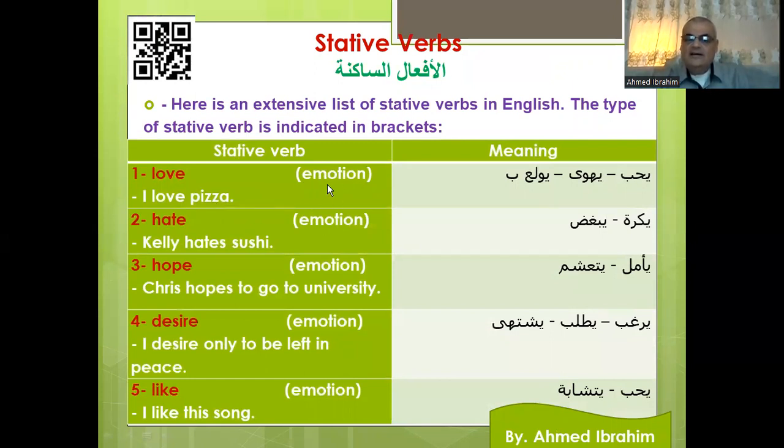Here between brackets, the type of stative verb, emotion, and the meaning is written in Arabic.